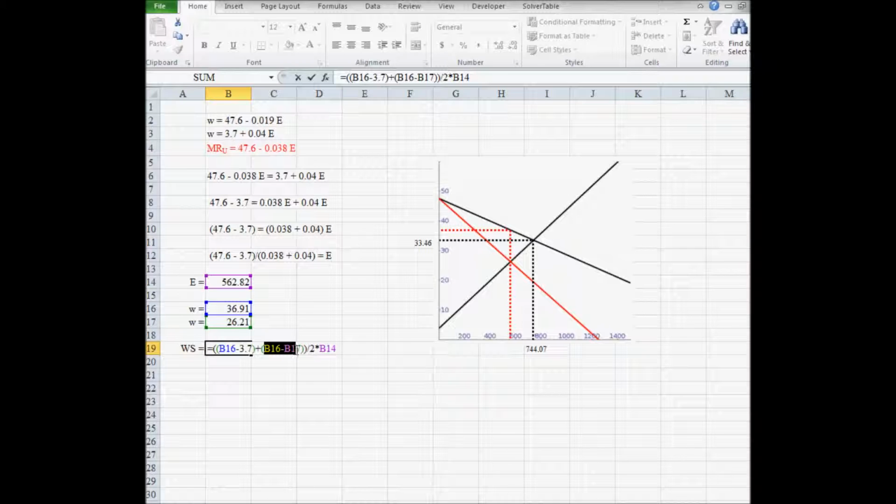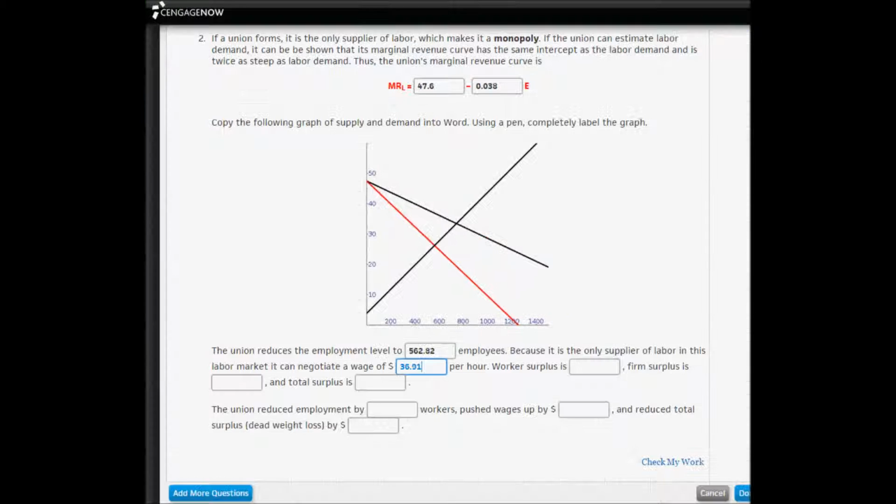This height over here is the difference in the wage the union just negotiated from the firm and this height, 26.21. So we average those two heights and then we multiply that by the employment level of the union. And we get a worker surplus of 12,353.91. I'm going to copy and paste that into Cengage Now.